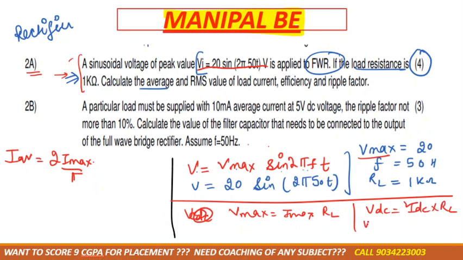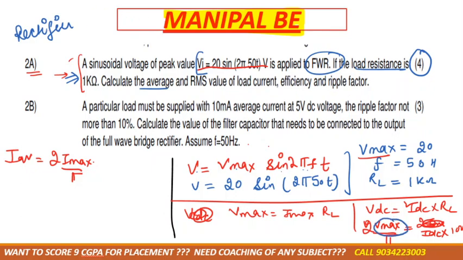VDC is V average, which is 2 V max by pi. IDC is 2 I max by pi. RL value we know is 1000 ohm. So we can substitute in this and get the value for IDC or I average. IDC and I average are the same.